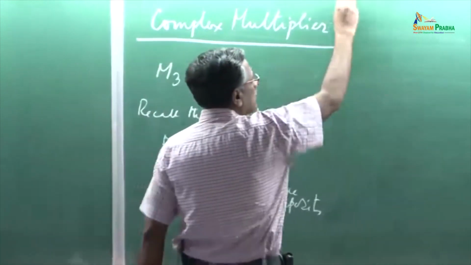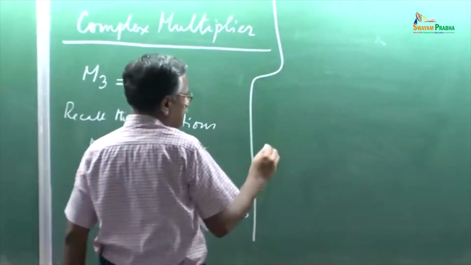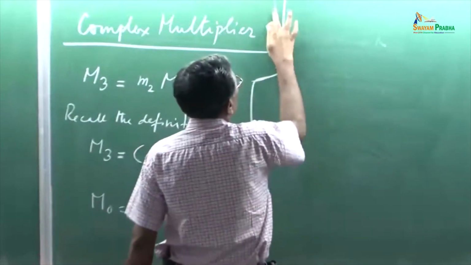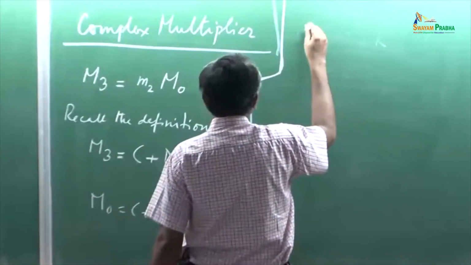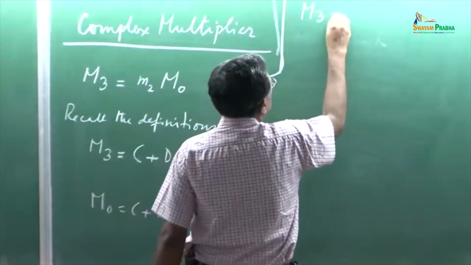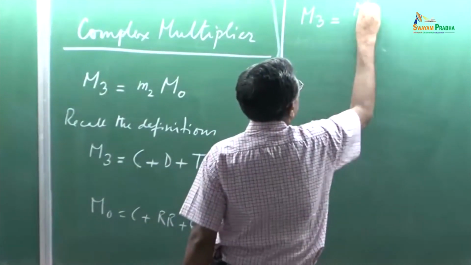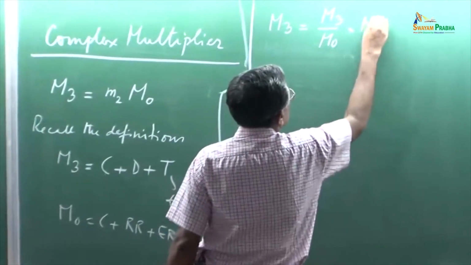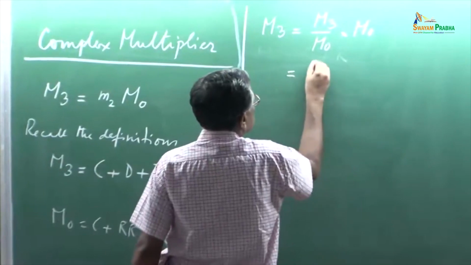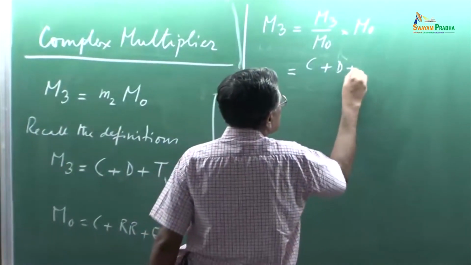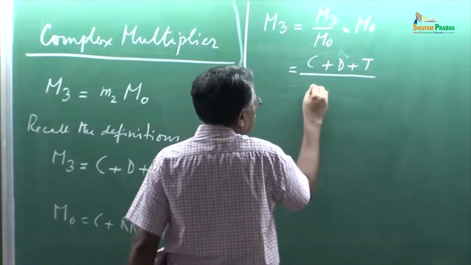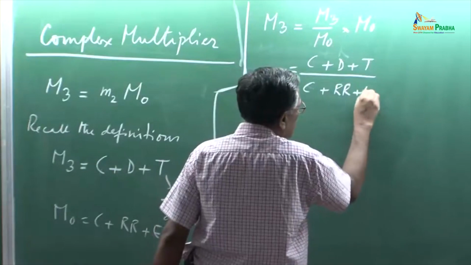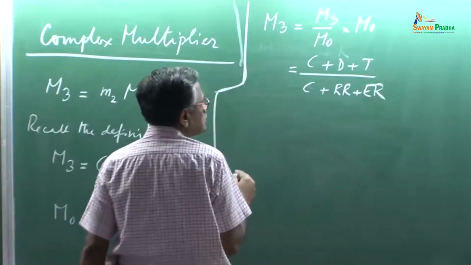So, following the same method, we can write M3 is equal to M3 over M0 into M0, which is C plus D plus T divided by C plus RR plus ER.